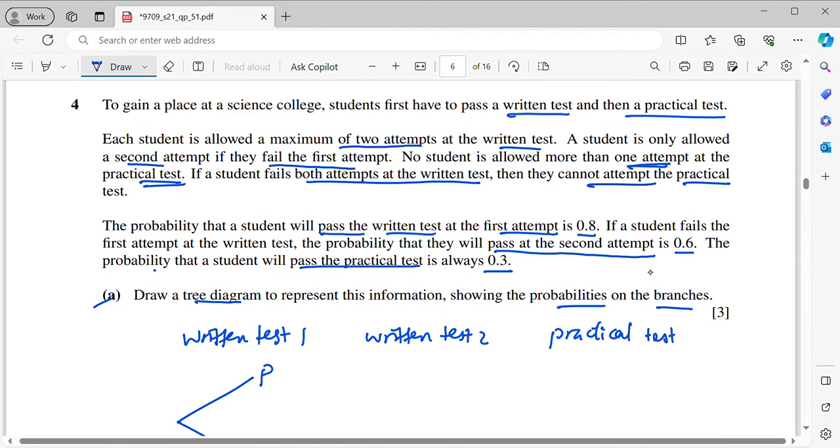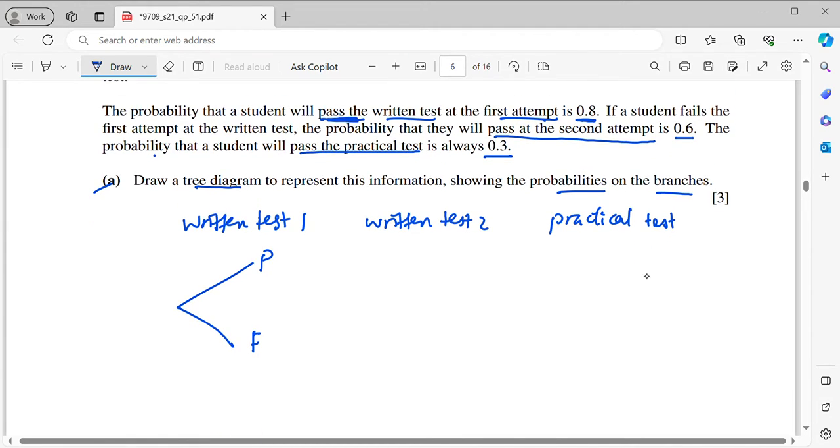The probability of passing at the first attempt is 0.8, so fail is 0.2. When the student fails the first attempt, they will pass the second attempt at 0.6, so failing the second attempt will be 0.4.